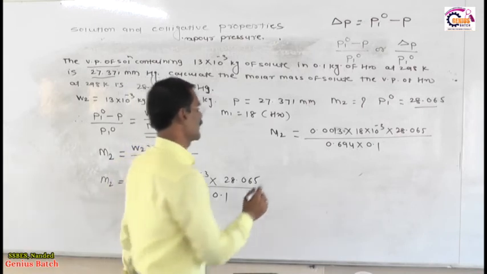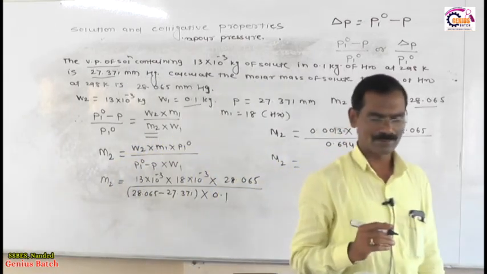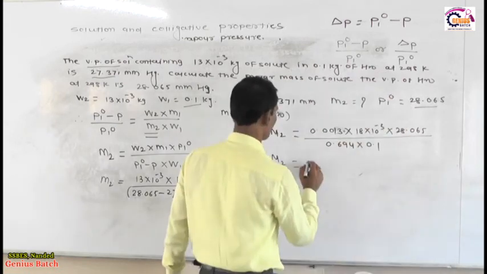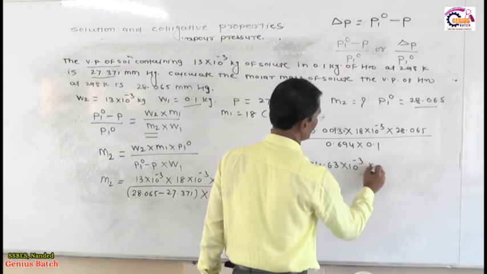You calculate this by using the simple relation, and finally the value of M2 becomes 94.63 into 10 raised to minus 3 kilogram.